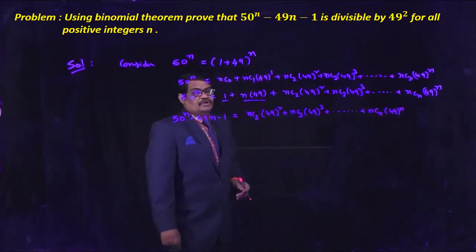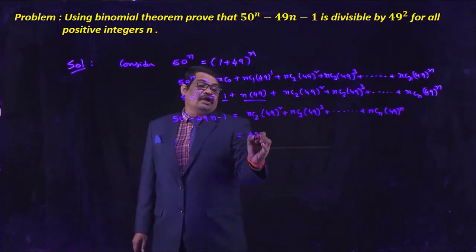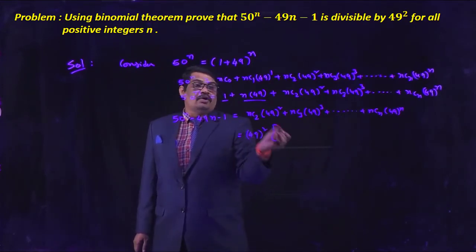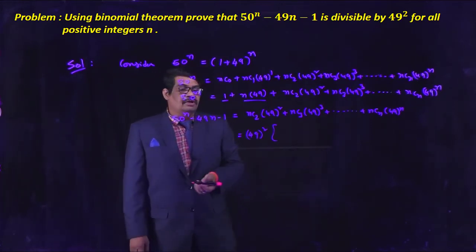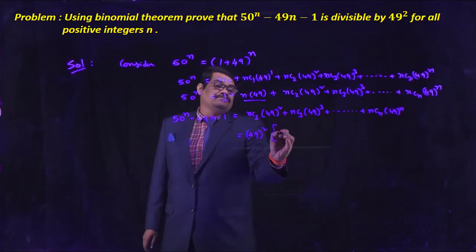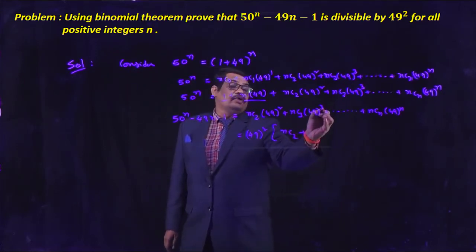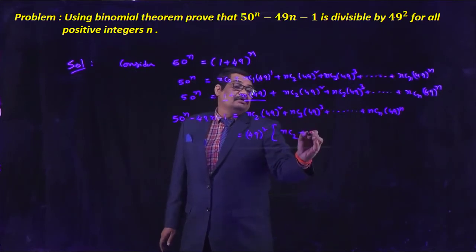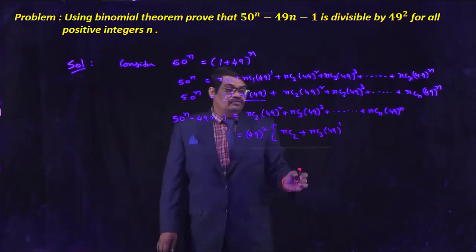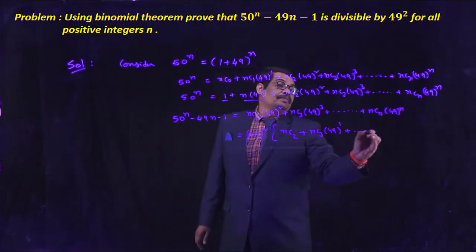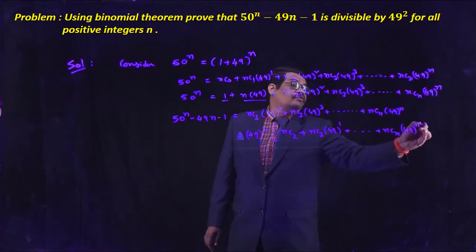In the RHS we take 49 square common. Then we get, first, nC2. Then nC3 times 49 to the power of 1 and so on, up to nCn times 49 to the power of n minus 2.